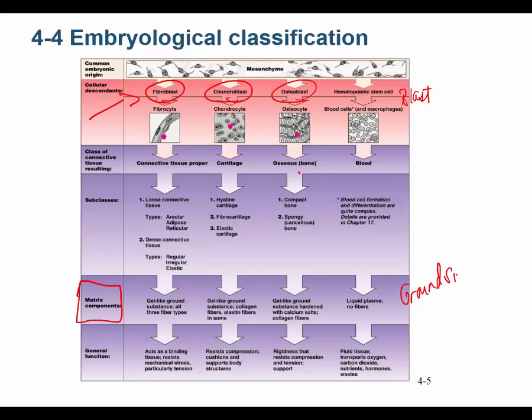Now the ground substance is usually glycosaminoglycans, and we call it GAGs. And you've probably heard of chondroitin sulfate and glucosamine. So a couple examples of glycosaminoglycans are chondroitin sulfate and glucosamine. You might have heard of them with pills for your joints, like Osteo Bi-Flex.